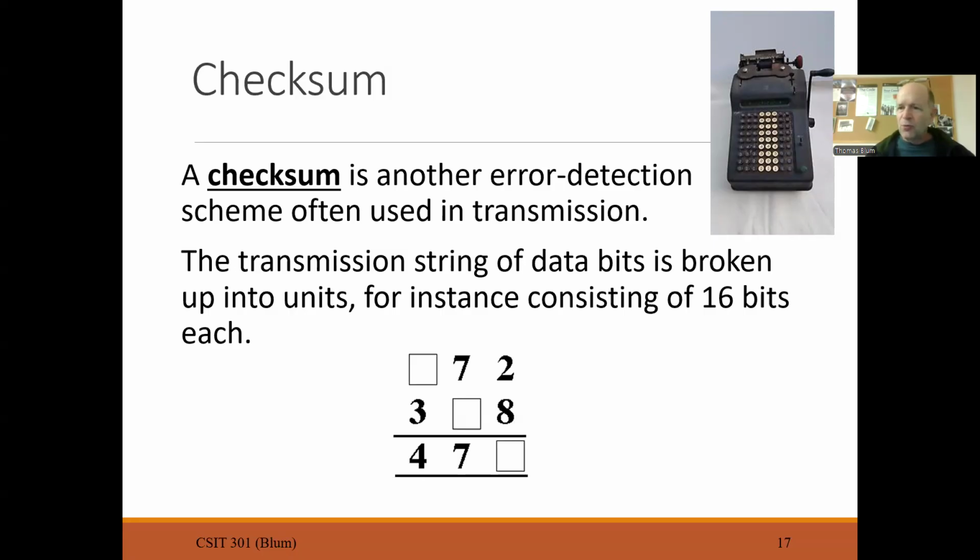We take the data that we want to transmit, break it up into units, let's say 16-bit units, and then add up the numbers corresponding to those 16-bit units, ignoring any overflow that might occur, and then see the result.